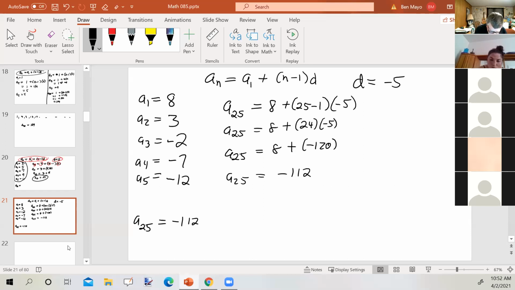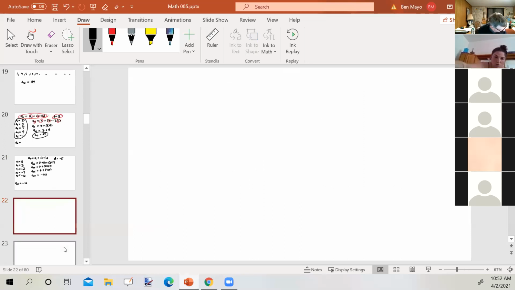Okay. Let's take a look at another one. It says the first 3 terms of an arithmetic sequence are shown below. Find the specified term. So again, we're dealing with an arithmetic sequence, so we're going to use a sub n equals a sub 1 plus n minus 1 times d.